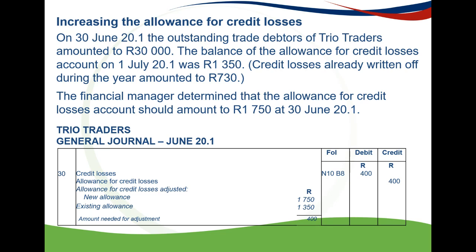So in our general journal entry, we also show the calculation. Our new allowance is 1,750. Our existing allowance is 1,350. And that gives us the difference of 400, which is the amount needed for the adjustment.